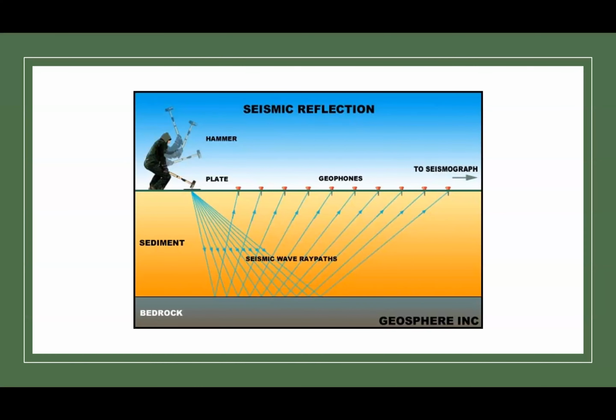At each subsurface boundary across which the elastic and density parameters differ, a percentage of the energy in the wave is reflected back to the surface where it is recorded.